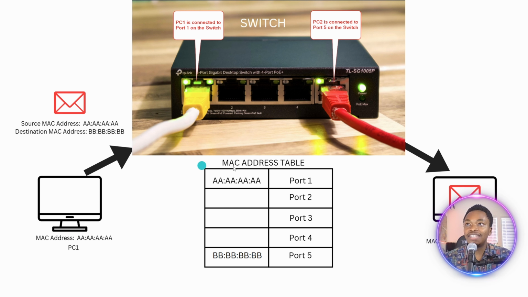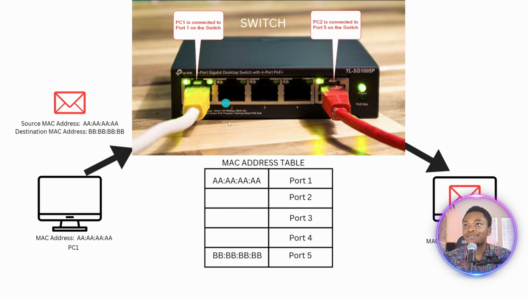Switch iko na table fulani inside it inaitwa MAC address table. Alright? So PC1 iko connected kwa hii port. This is the port 1 kwa the switch. Switch itaangalia nini iko connected kwa port 1, itasema MAC address yake ni A. That is what is connected to my first port.